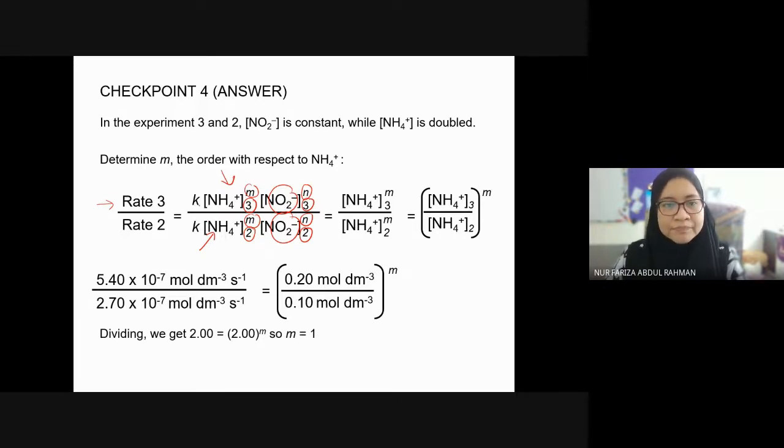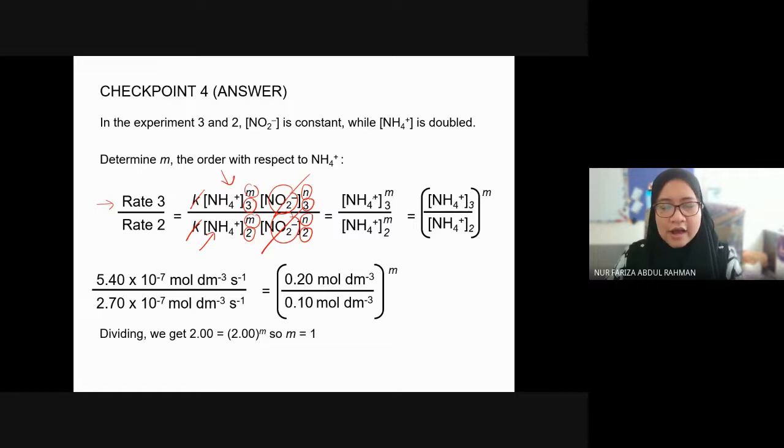As you can see, K can be cancelled out. NO2 minus can be cancelled out as well because the value will be the same. Cancel out, cancel out. For this one, show the cancellation, because in our lecture notes, we don't have this cancellation. But by right, we should have.